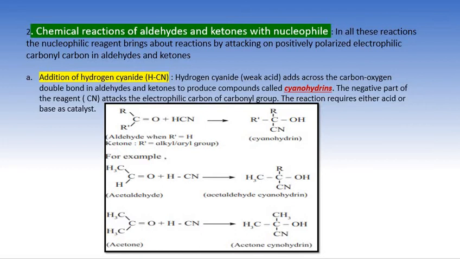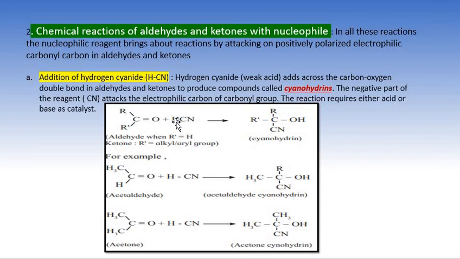The negative part of the reagent, that is CN part of HCN, will attack the carbon of the carbonyl group and the remaining part will get attached to the oxygen atom. Like see, this is an aldehyde or ketone, whatever you feel, you take and you add HCN to it.